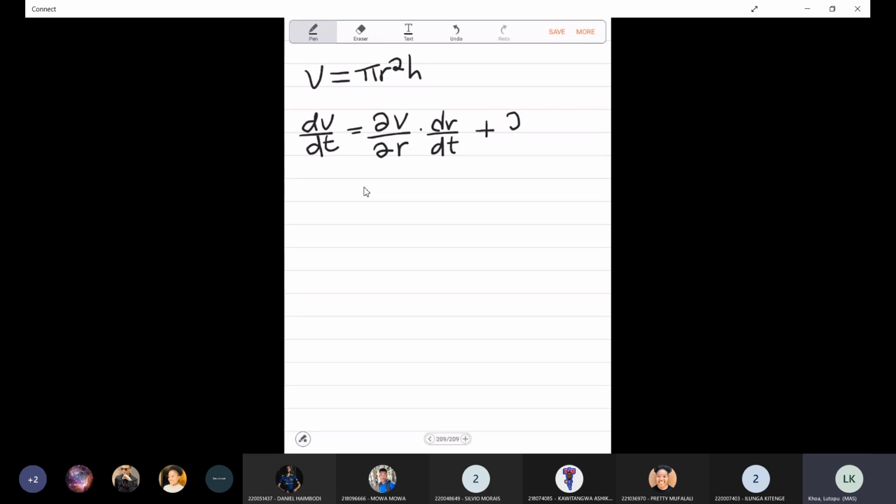And you add dV/dh times dh/dt. So dV/dr is 2 pi r h, multiplied by dr/dt. And then dV/dh is pi r squared, multiplied by dh/dt.